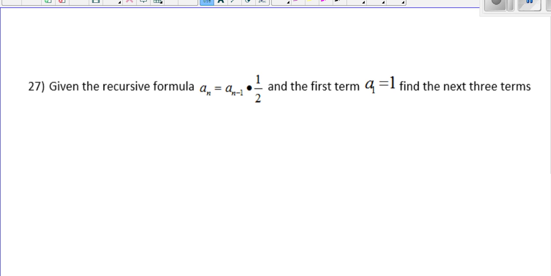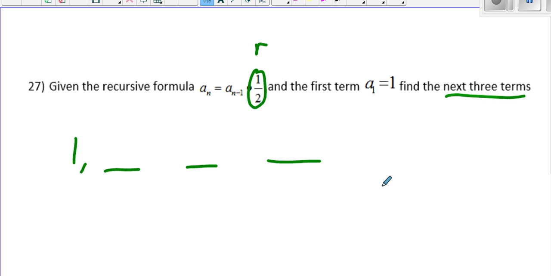The sequence stuff, sequences and series. So if we have the formula, the only number that shows up in these recursive formulas is r. r is the number that you multiply by every time to get from one number to the next. So if we start with 1, and then every time we multiply by 1/2, it says write out the next 3 terms. 1, 2, 3.